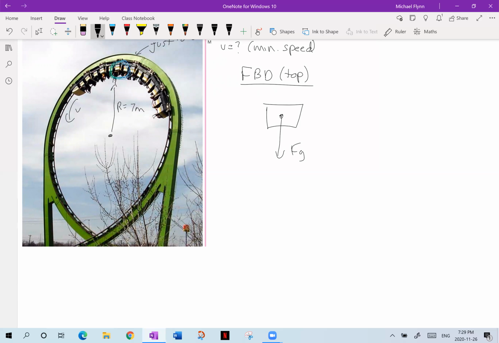The only thing touching them is their seat. That would be a normal force. That would also be down, because after all, the seat they're sitting on is upside down. You're upside down sitting on a chair. So yeah, your bum is touching the chair, but you're upside down. So that chair can only push on you, and it can only push you down. Now, if you had a seat belt, it could hoist you up.